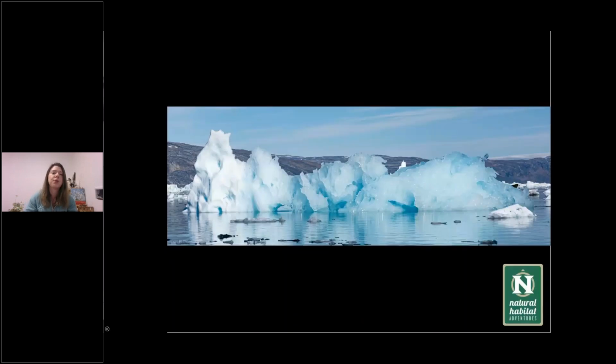We'll see this blue as well when we see our icebergs or our glacial ice, like an ice cave without that snow. Here we're not seeing as much glacial flour mixed in, as opposed to more of an absence of white. And the white that we're seeing is often just air.